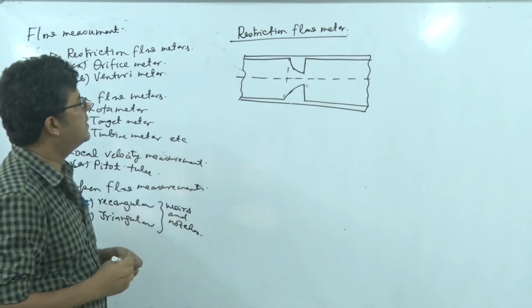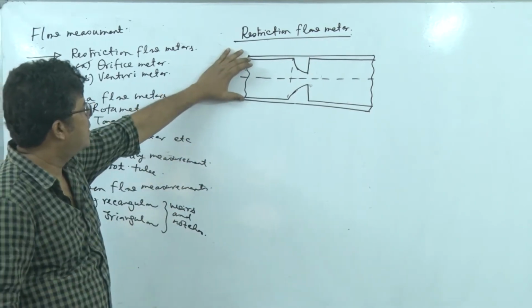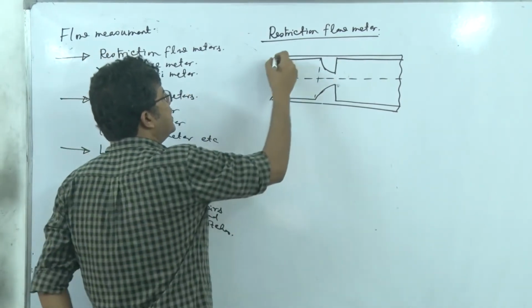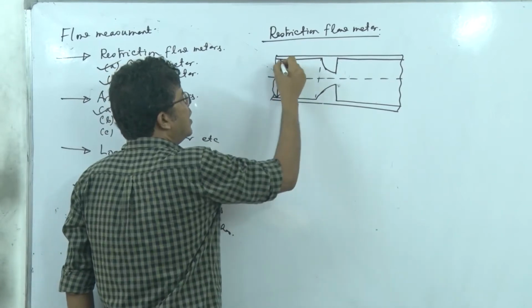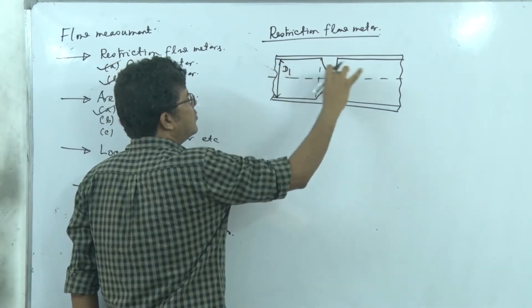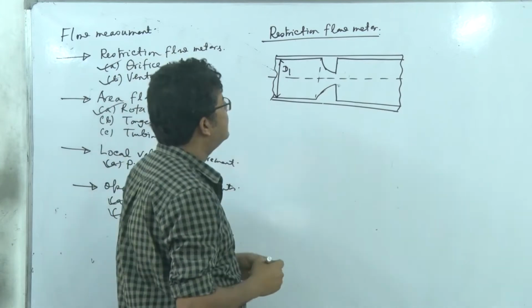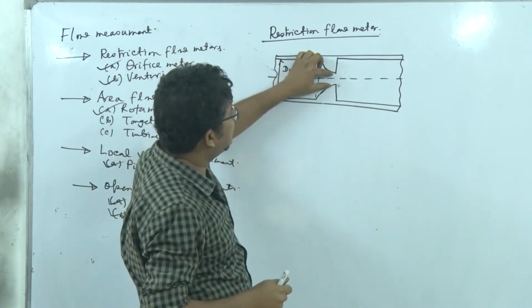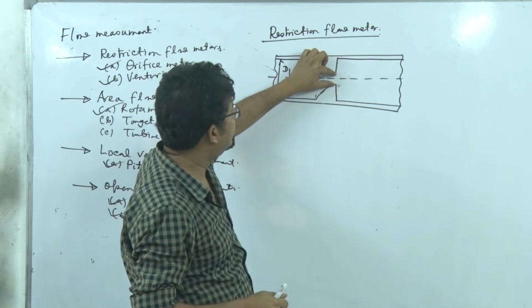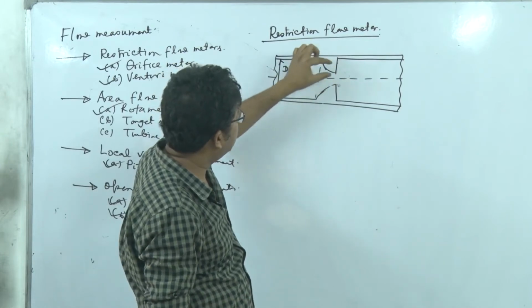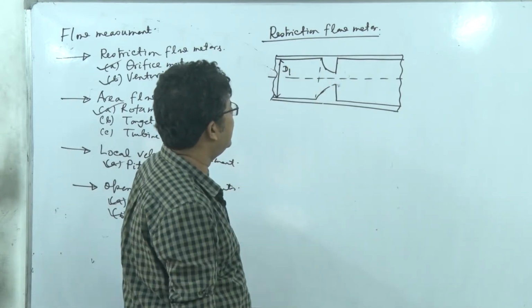So what will happen? Here you see the diameter is D1. However, as the fluid has to move through this right hand side, it has to pass through this narrow opening. But this is not the lowest cross-sectional area of the flow.